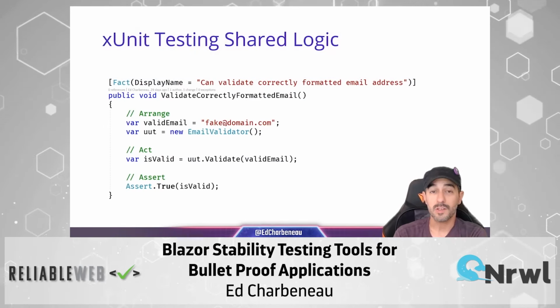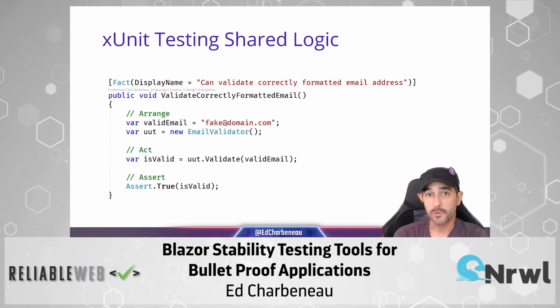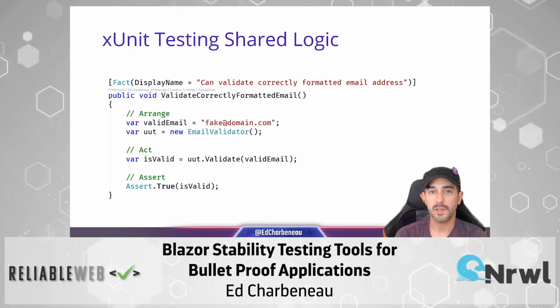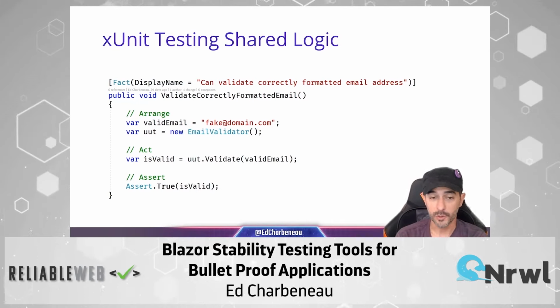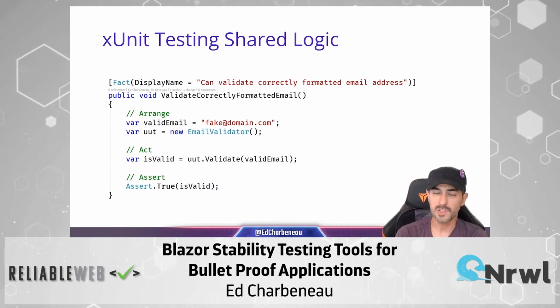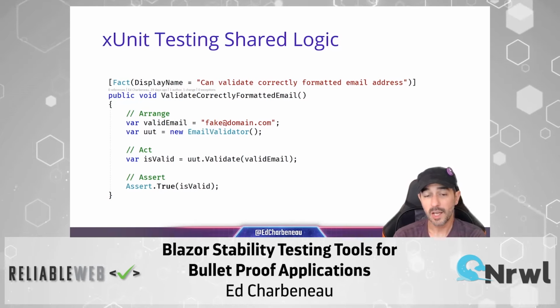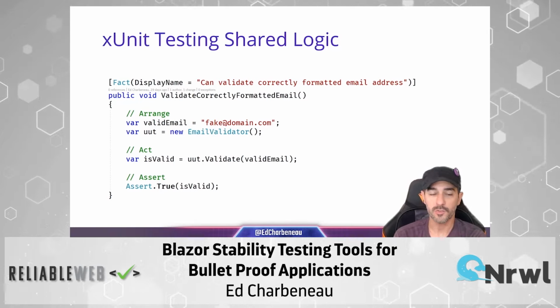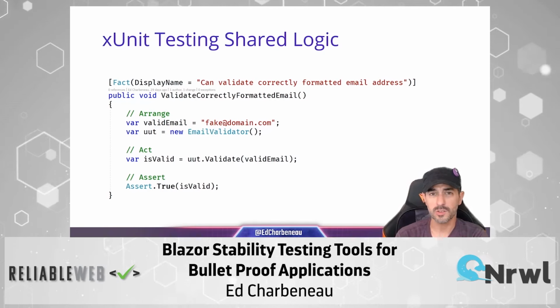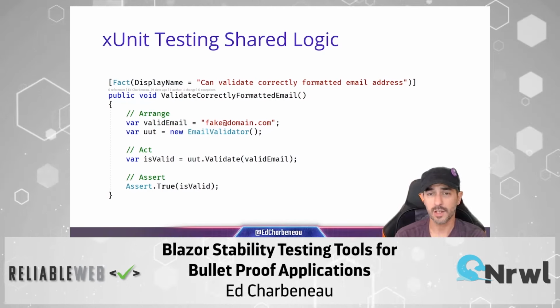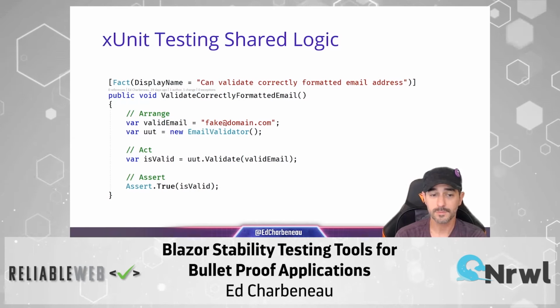A typical XUnit test that we might use for some shared logic might test something like validation. Since validation can be used on the front end for UI validation, such as an email form input, and then on the back end to make sure that emails are valid before we submit those to the database. We can use XUnit to test this kind of shared logic across our entire project.